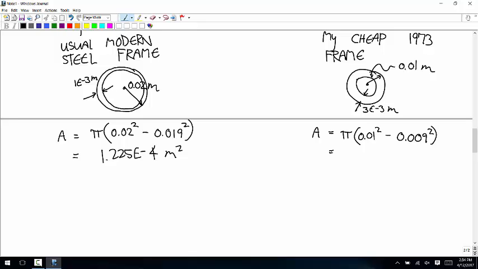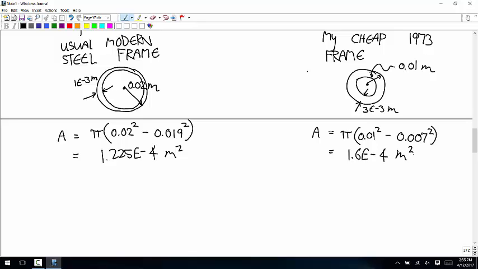So what's that? 2.007 times 10 to the minus 4? Oh, yeah. Thank you. Okay, 1.6 times 10 to the minus 4 meters squared.